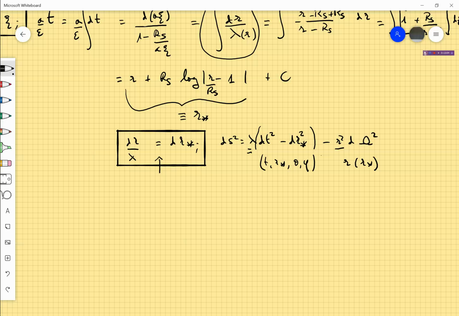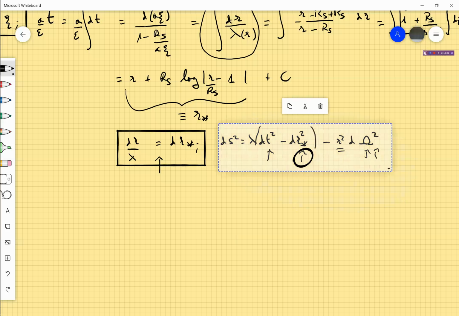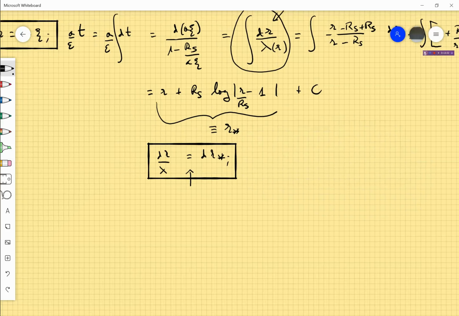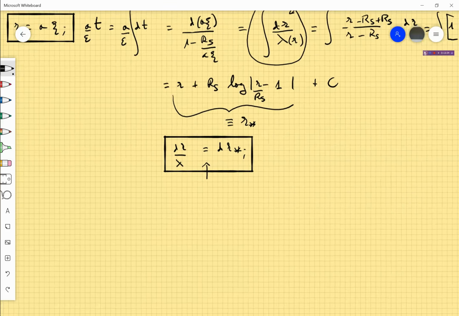But sometimes this is not spelled out explicitly, and the metric is written like this, and this means that your coordinates are t, r star, theta, and phi. If you see something else that looks like a coordinate, it has to be understood as a function of the new coordinate that appears here. So let me remove this because this is just an aside, although it's important, we will use this later.